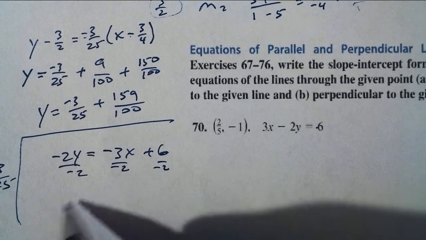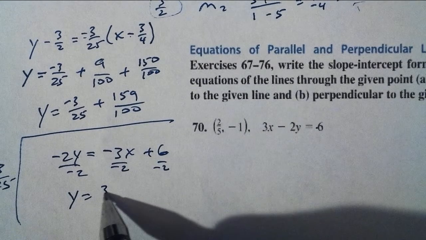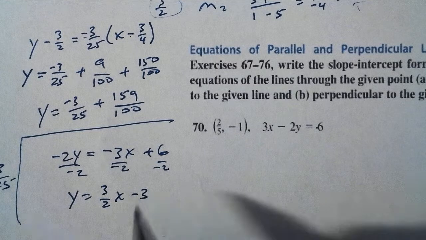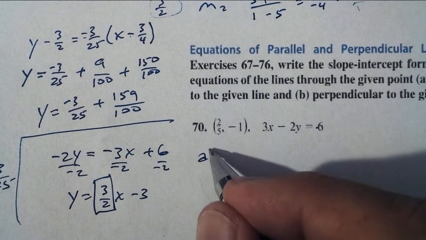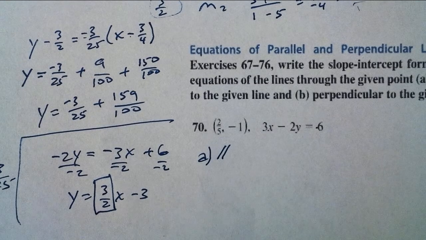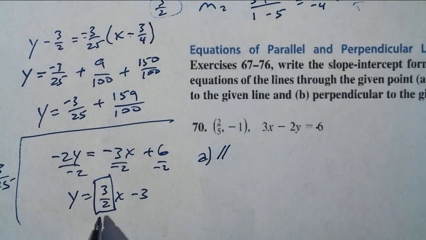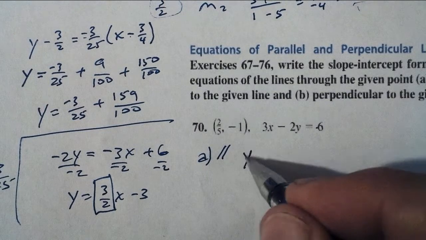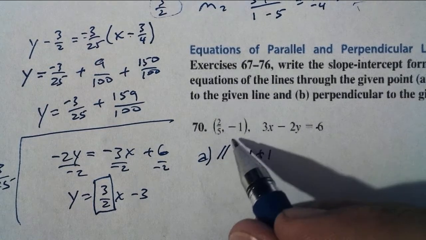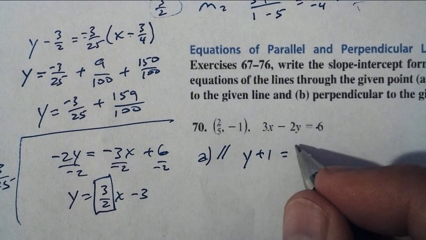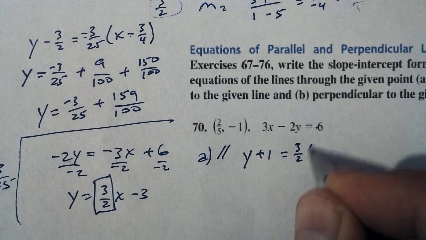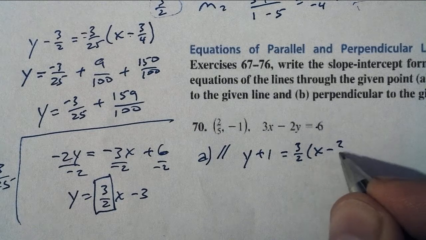Divide by negative 2, and I get y equals 3/2 x minus 3. So we want to be parallel to a slope of 3/2. So y minus the y coordinate, minus negative 1, equals, parallel, same slope, 3/2 times x minus the x coordinate, 2/5.